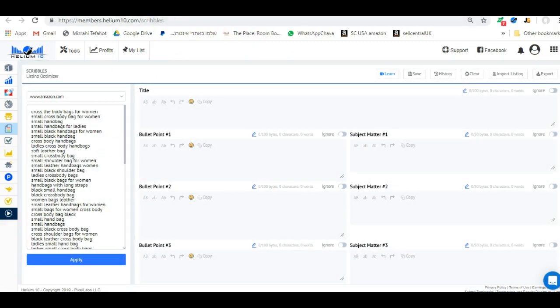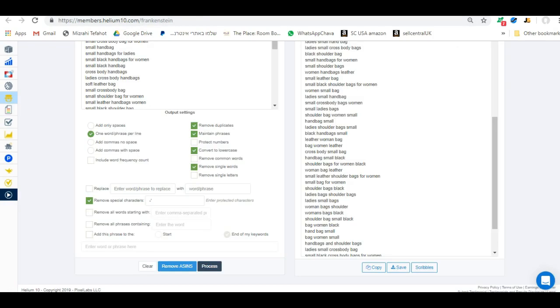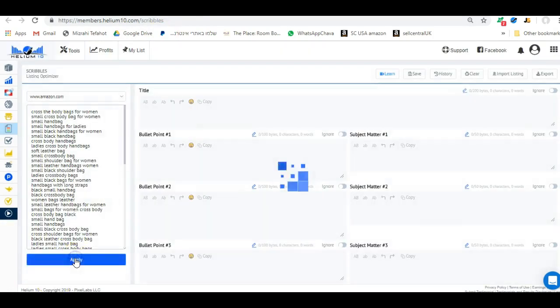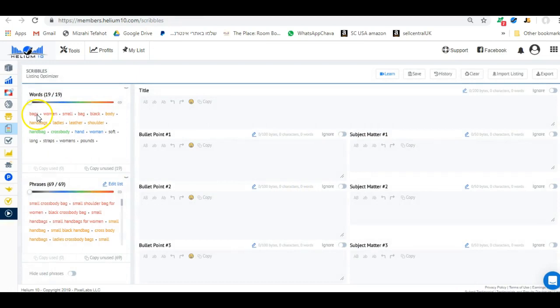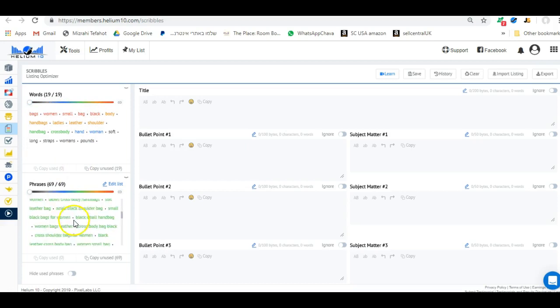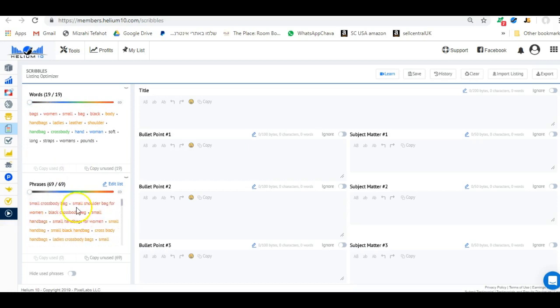Scribbles is great. These are all the phrases. If I just hit apply, the words in red are the highest search volume, then the orange, and so on, and green and blue, it goes down. So the phrases in red we want to make sure are in our listing.